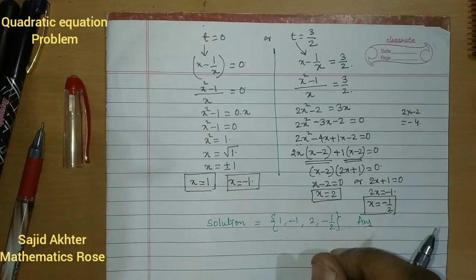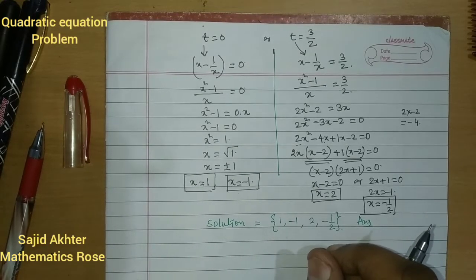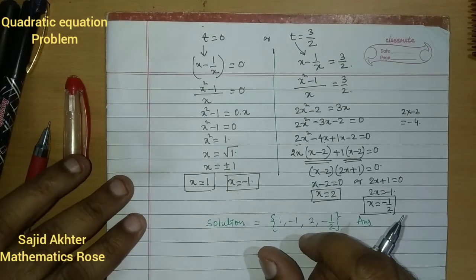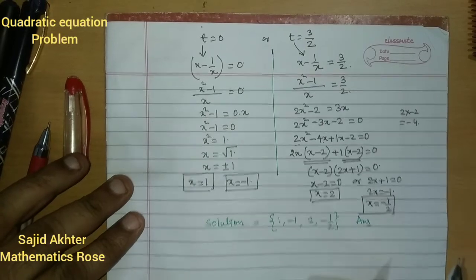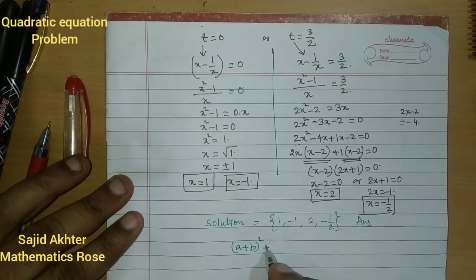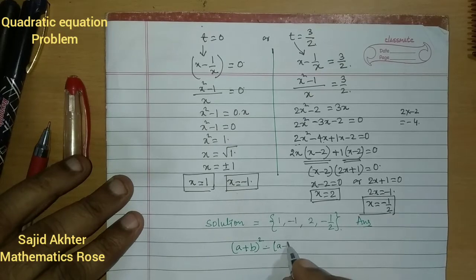So this is a question related to an equation which is reduced to a quadratic equation. If such a type of question is given, you will have to do it. In general, the formula used over here is a plus b whole square minus a minus b whole square is equal to 4ab.